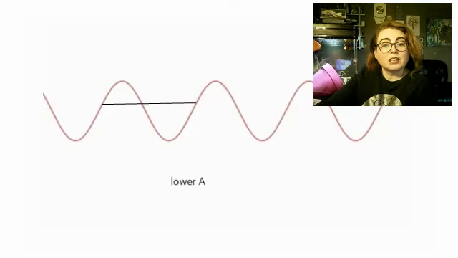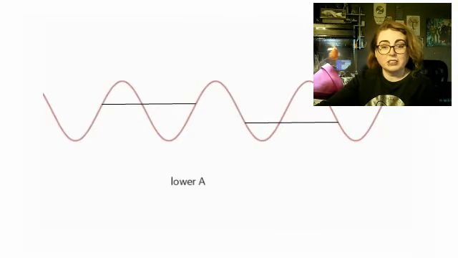So that would be one cycle, one wavelength. And if it was along here, it would be basically the second, you cross the middle. So that is how we measure a wavelength, and how many of those per unit of time is how we measure frequency. So normally wavelengths per second, cycles per second.